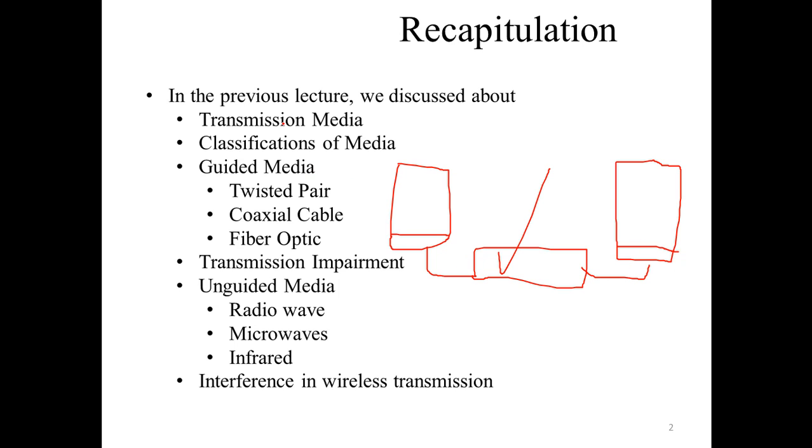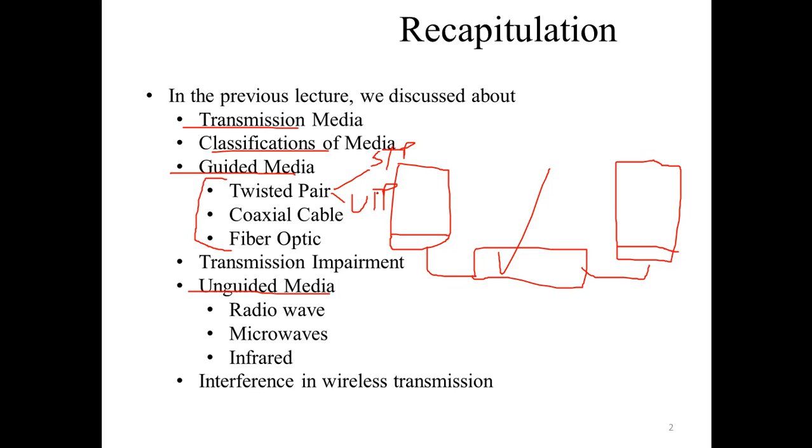We discussed the transmission medium, their types, their classifications, and how you can classify your media into two types, that is guided and the other one is unguided. We also discussed several types of guided media, which includes twisted pair, and the further two classes were STP, that is shielded twisted pair, and UTP, that is unshielded twisted pair.